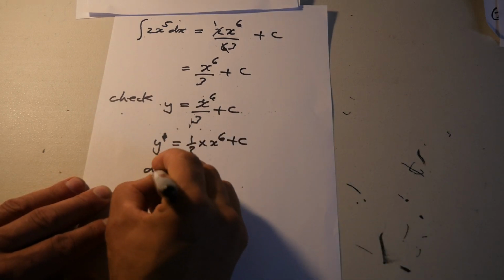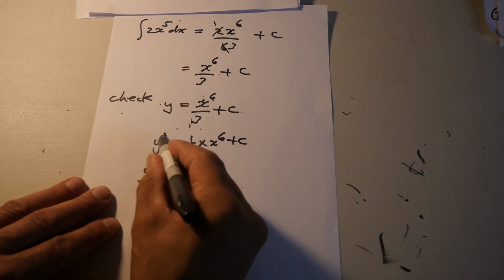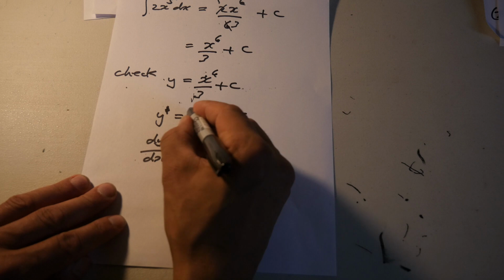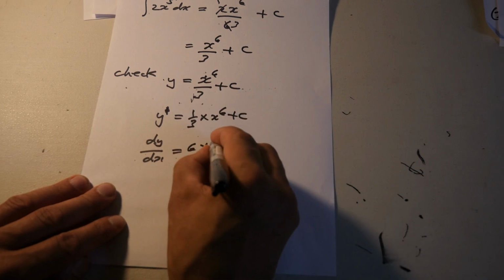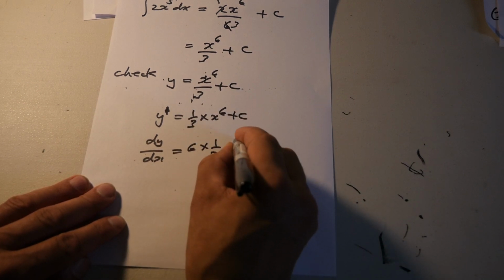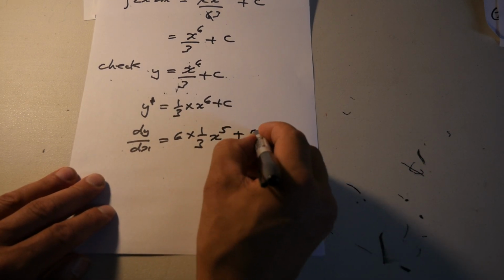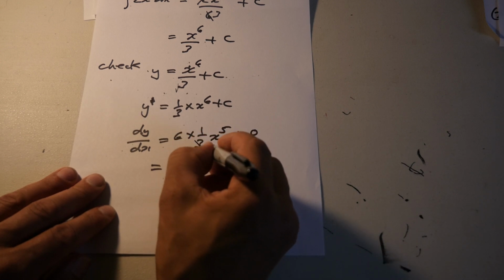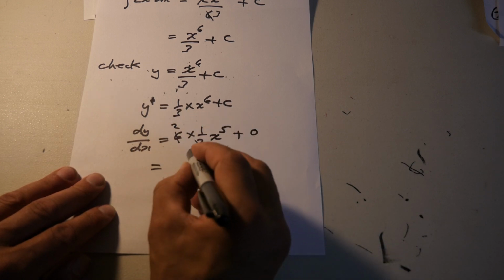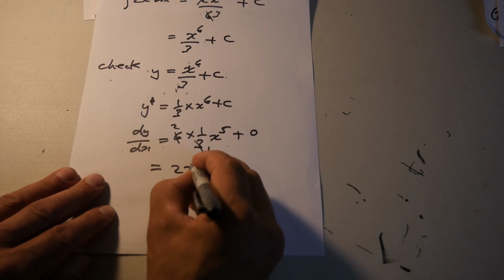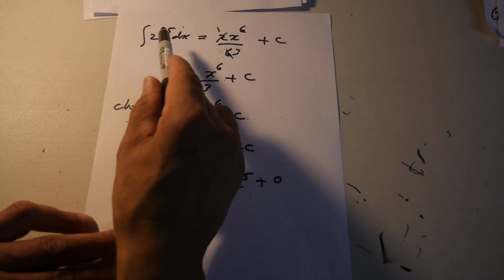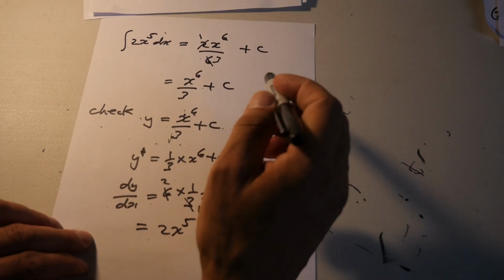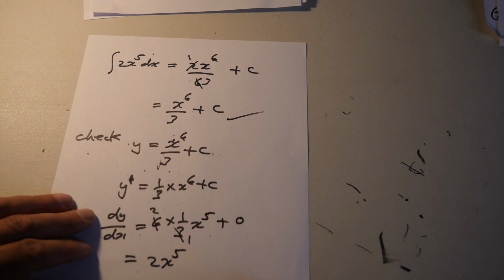Whether you write dash or dot, it doesn't matter, it always has the same meaning. So 6 comes down, 6 times 1/3 x to the 5th, plus 0. 3 goes into 6 twice, so you get 2x to the 5th, which is what we started off with originally. So that is correct, okay?